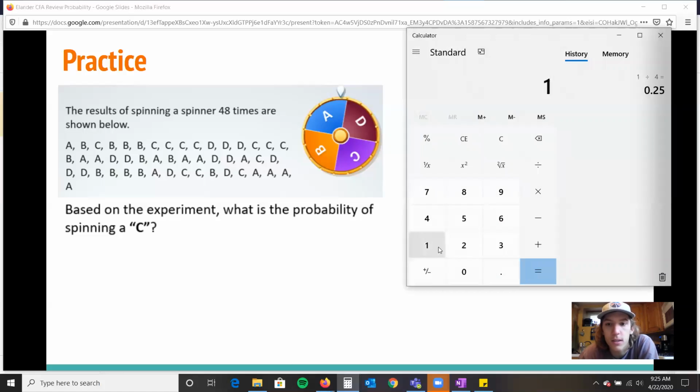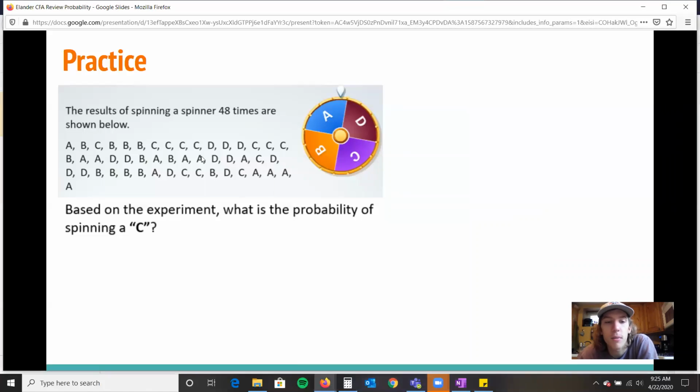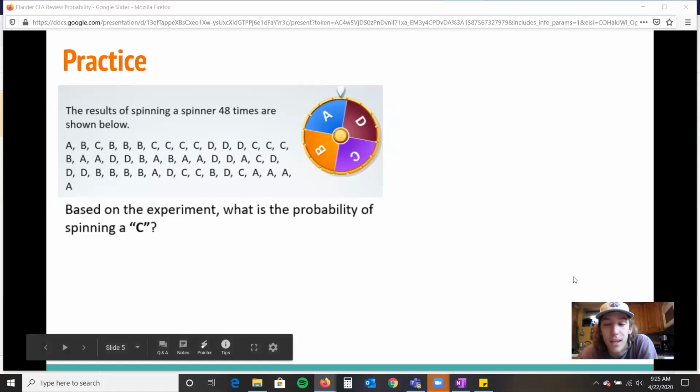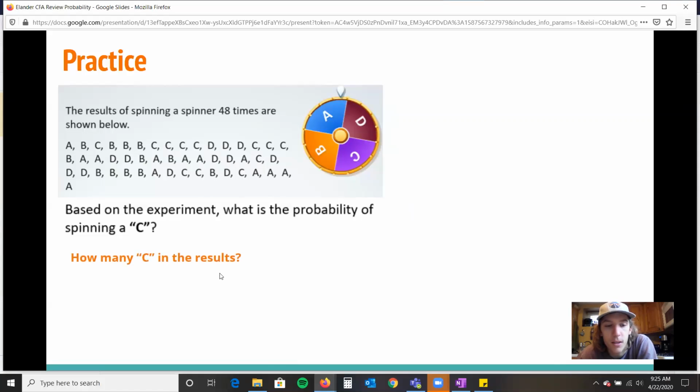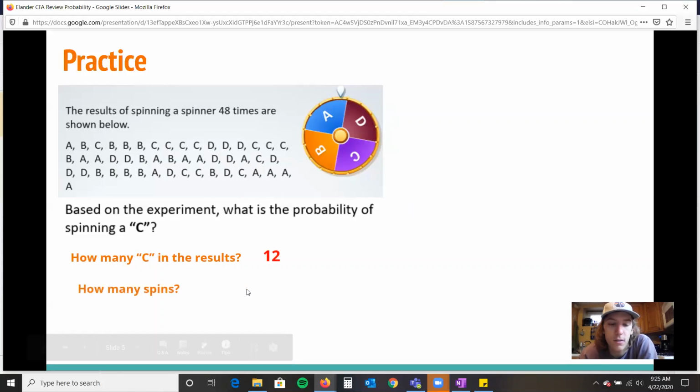So we say 12 out of 48 total times, and again, that's 0.25, 25%. So this time, the experimental probability ended up being the same as the theoretical probability, didn't it? Part of that reason is they spun it 48 times. The more you do it, the closer the two will become. Good job, guys. So how many in C? We said 12.